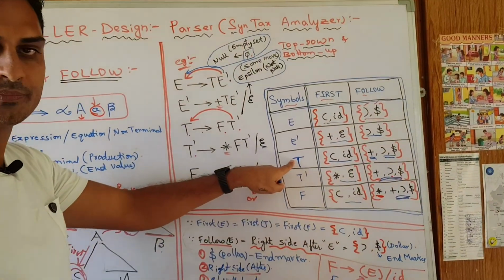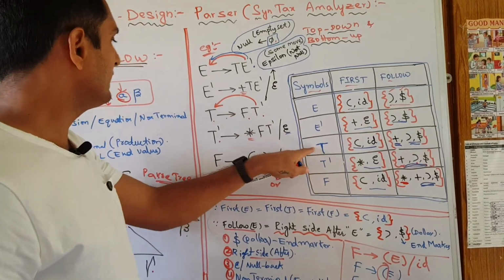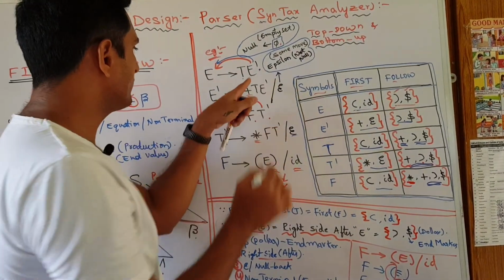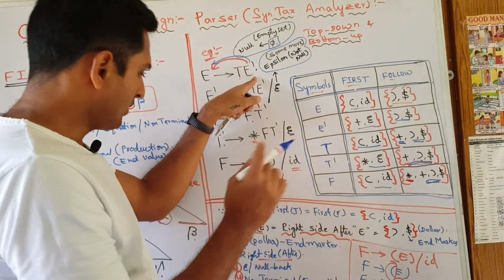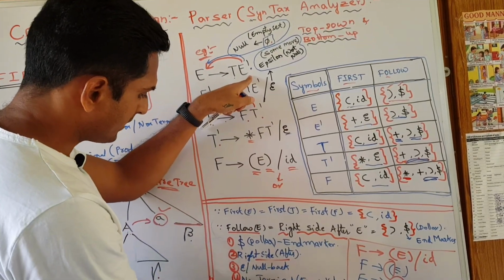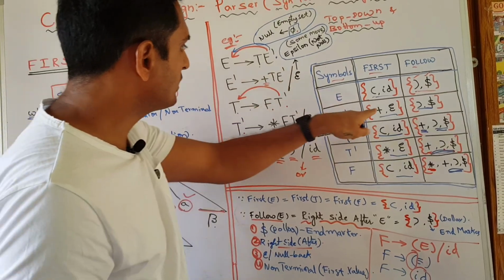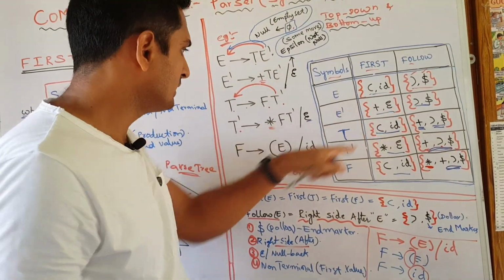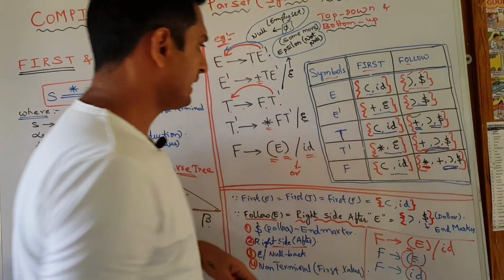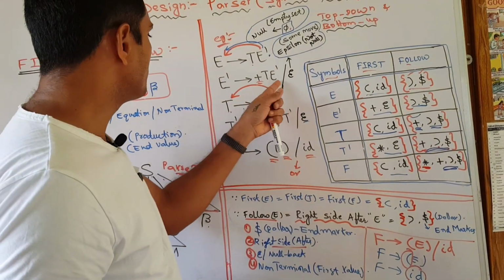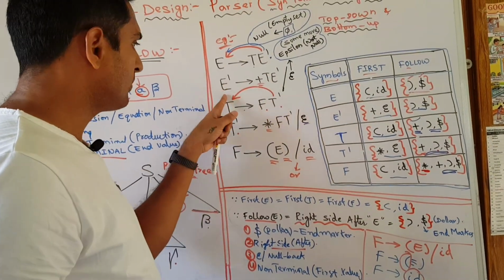Then T. T's follow. We need to find it. Yeah, T's follow is E dash. If we get a non-terminal, we need to take the first value. E dash, what is E dash's first value? Plus and epsilon. We need to write plus. Okay, we have written. Then epsilon. Epsilon means again we need to go back for E dash.